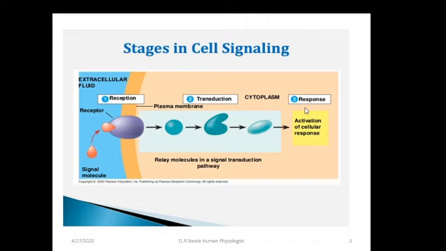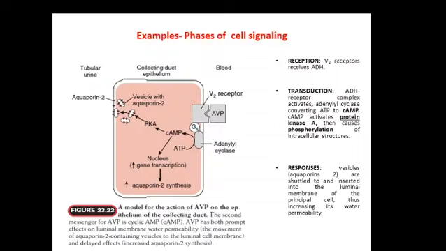Hormones such as parathormone also carry a message instructing a cell to increase calcium absorption. So every hormone carries a message. For this message to be channeled, it follows these three stages: reception, transduction, and response.